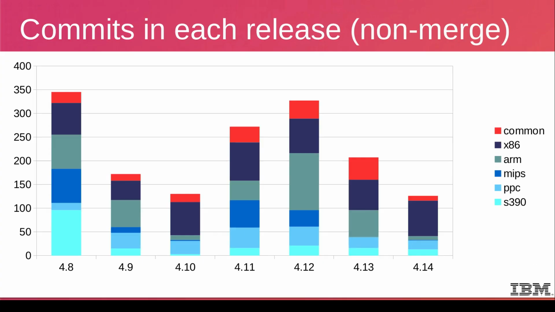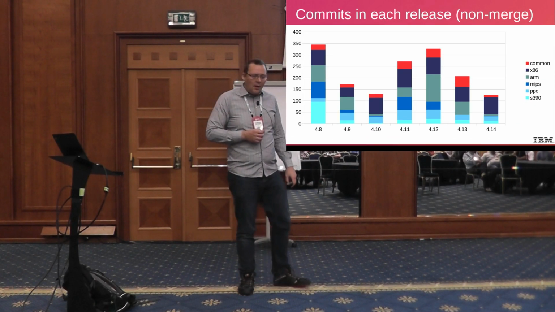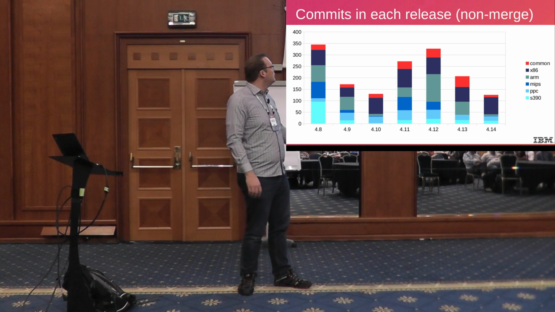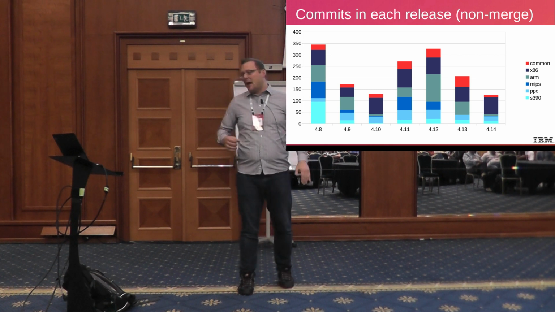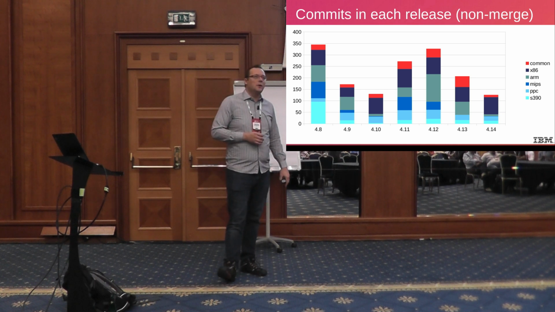Next question. Do we have some kind of distribution for architectures? It turns out, yes, x86 and ARM are the most common architectures for commits.